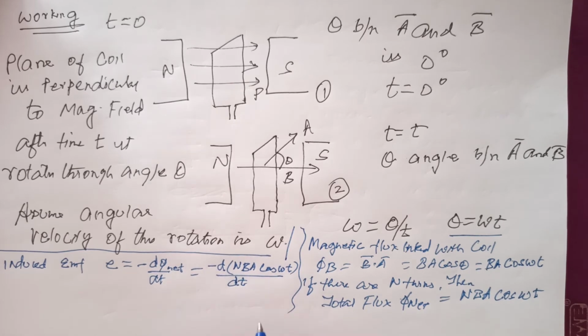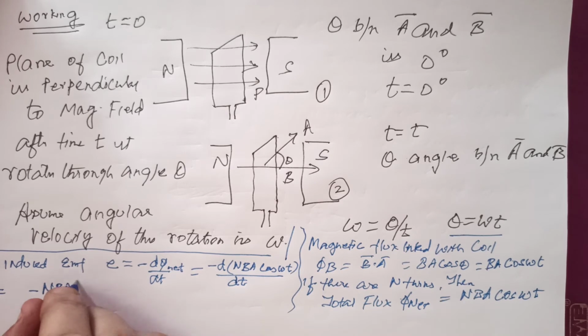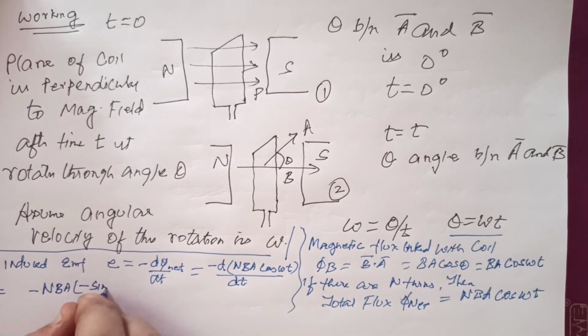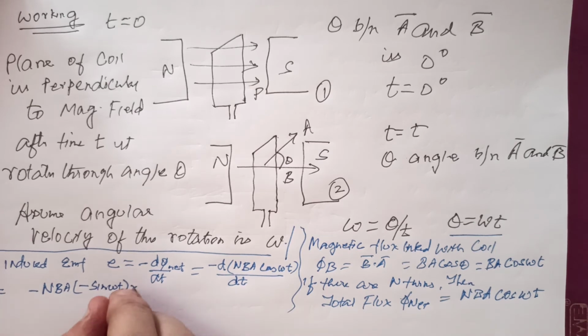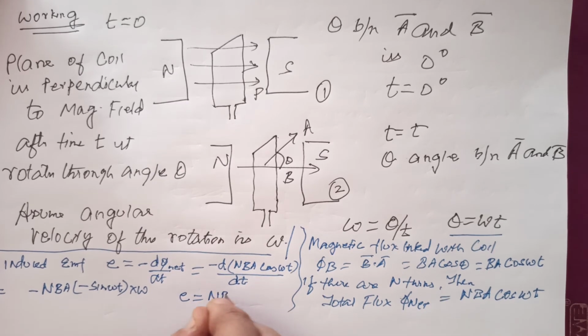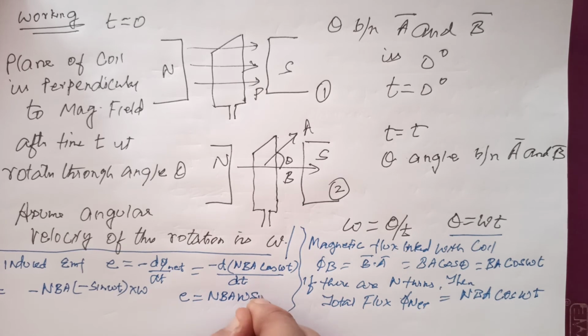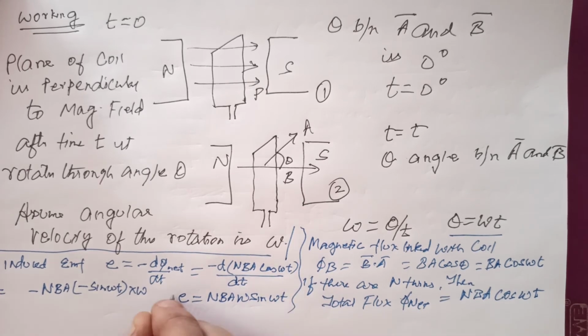Further, if I differentiate it, it becomes minus NBA into minus sine omega t into omega, because the differentiation of cos is minus sine. Finally, I can say E is equal to NBA omega sine omega t.